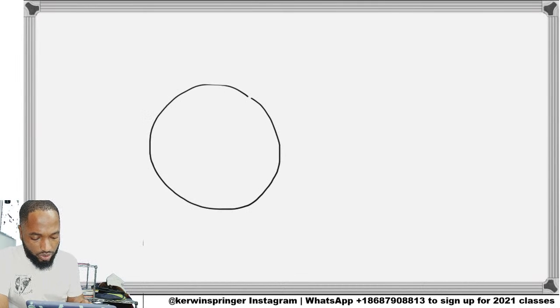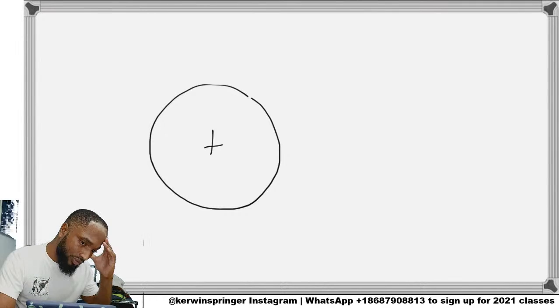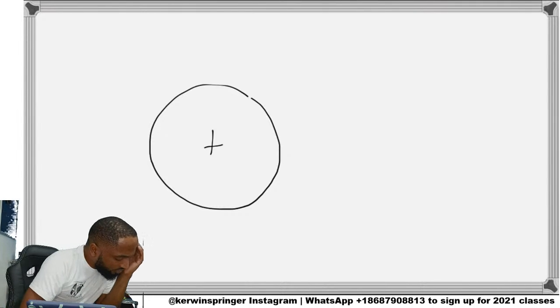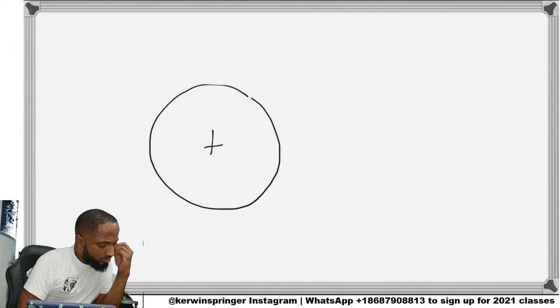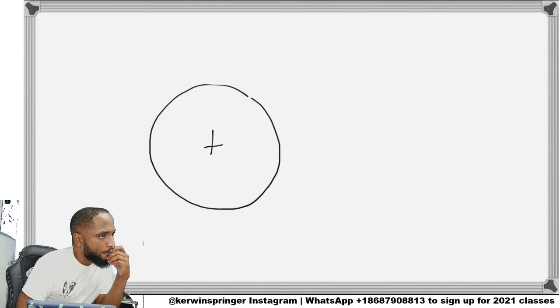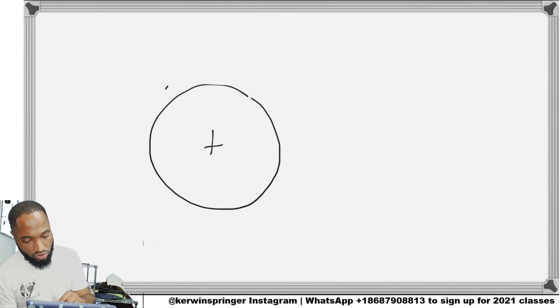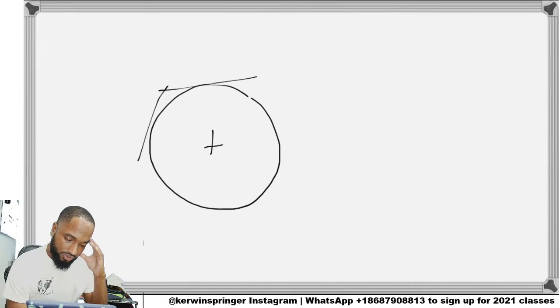I'm not too sure about this one, help me with this one. Not too sure about this question, and I'm not even sure how to ask it.